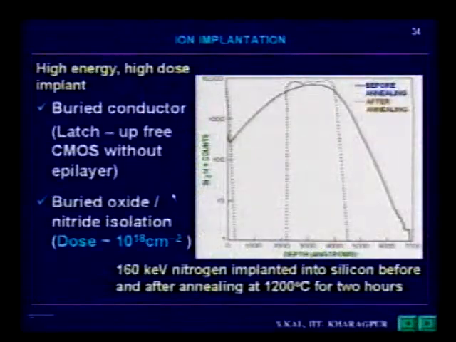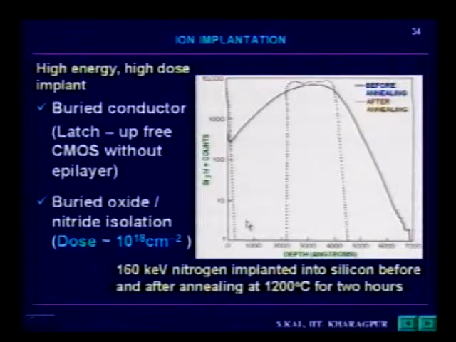Okay. Now here a diagram is shown where 160 keV nitrogen is implanted into silicon before and after annealing at 1200 degree centigrade for 2 hours. The profile is shown here. Before anneal, the profile is shown in the solid line, and after annealing it is the dotted line profile.